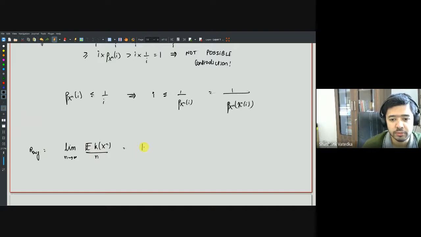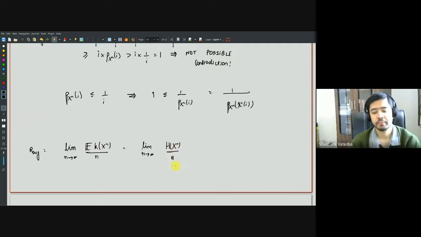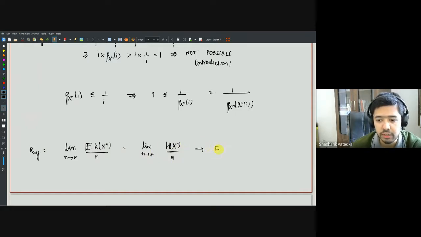This is going to be the limit as n tends to infinity of H of Xn divided by n. Okay. So this quantity has a special name, the limit as n tends to infinity of H of Xn by n. So H of Xn is the entropy. So the normalized entropy as n tends to infinity is called the entropy rate.